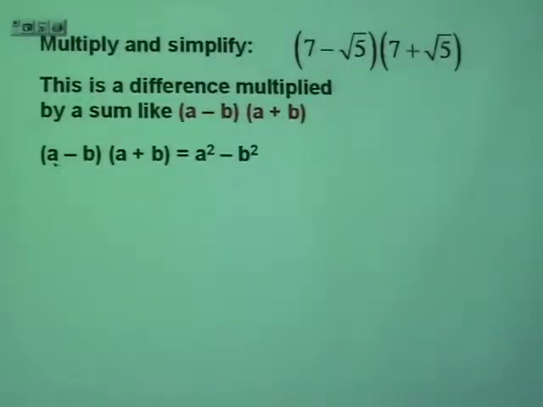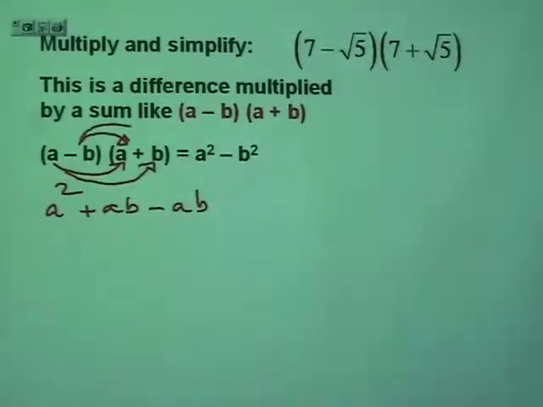Now, a times a is a squared. A times positive b is plus ab. Minus b times a is minus ab. And minus b times b is minus b squared.